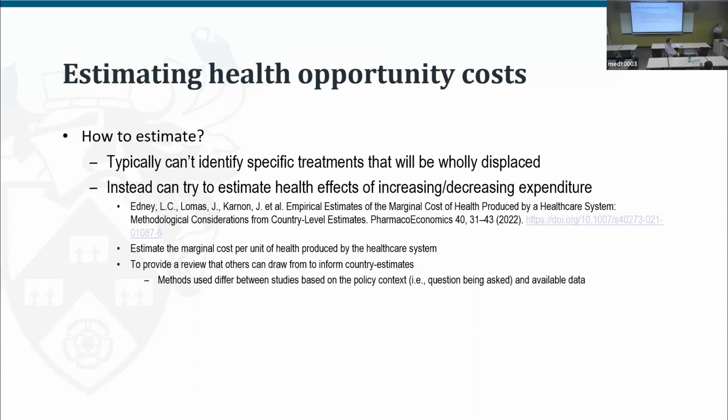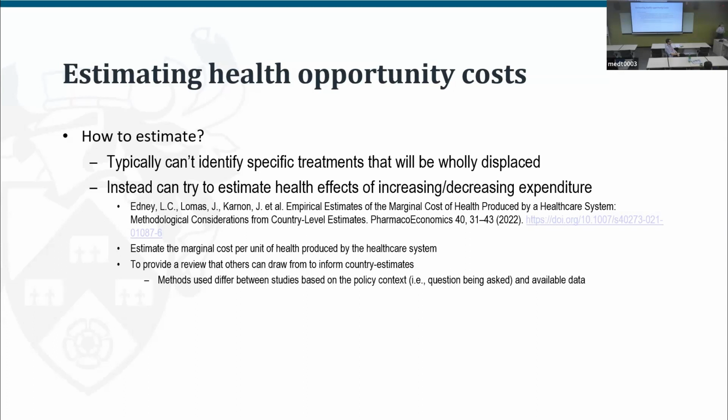Myself and others have also worked on this topic, and we have written a paper with Laura Edney and John Carnan in Australia, who worked on the reference ICER for Australia, to try and bring together the research that has been done on this topic to provide a starting point for countries that are interested in undertaking this kind of estimation. Because this was something that we got asked about quite a bit.